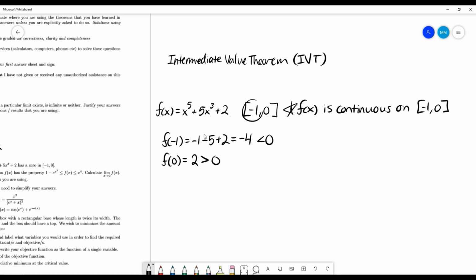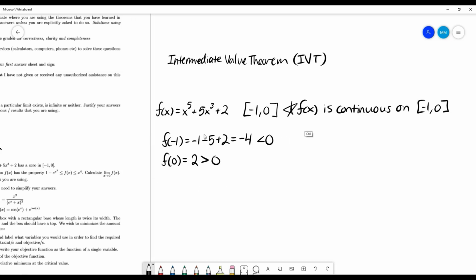So because at this point it's less than 0, and at this point it's greater than 0, and the function is continuous, in order for it to go from negative to positive, it must cross the x-axis, meaning there must exist a 0.